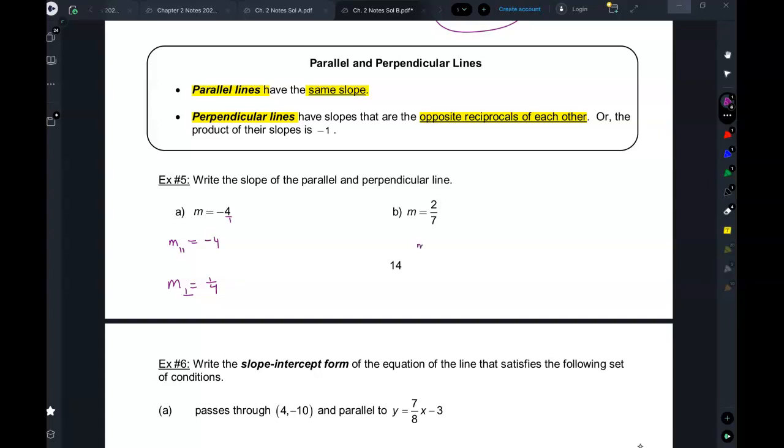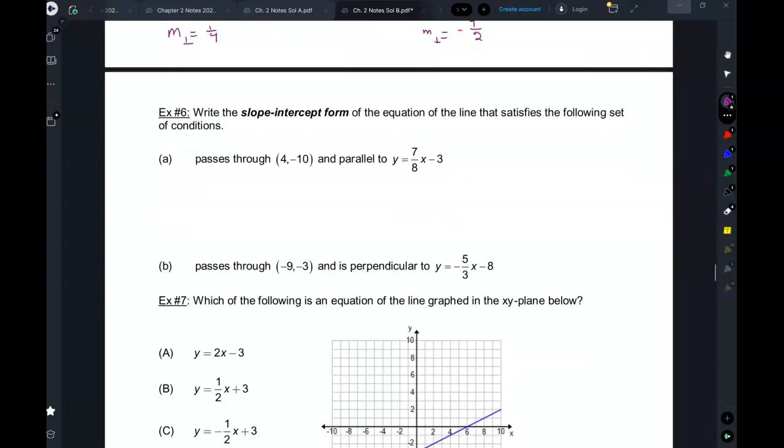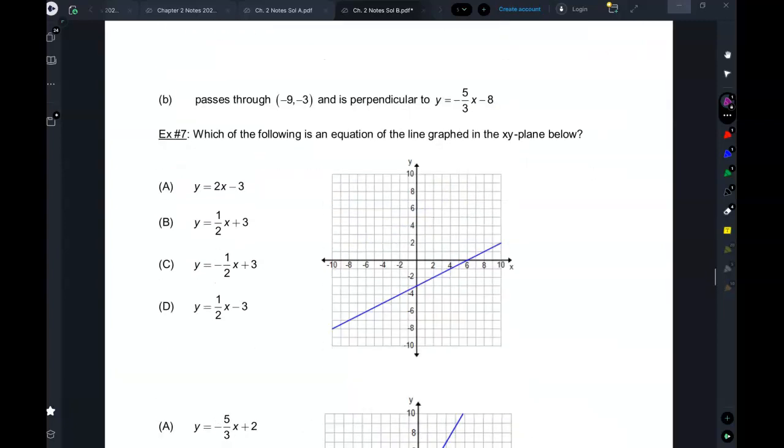Here, what's the slope of the parallel line for this one? 2 over 7. For the perpendicular line, I'm going to do two things. So what's the answer going to be? Negative 7 over 2. Negative, and then flip 7 over 2. So negative reciprocal. Okay, now for some good stuff.